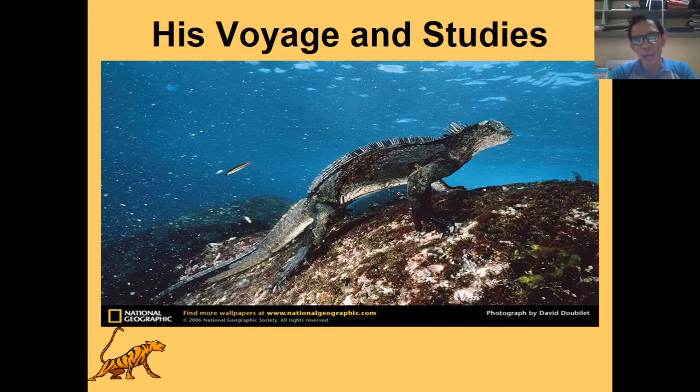Alright, next one. He noticed some iguanas, this one here. He compared this one to its mainland relative, the tree iguana, and he realized that it is almost the same, but completely different in how it behaves and where it lives.